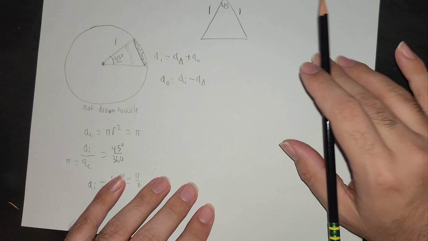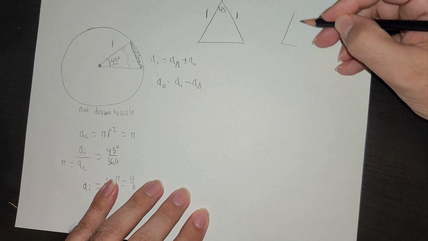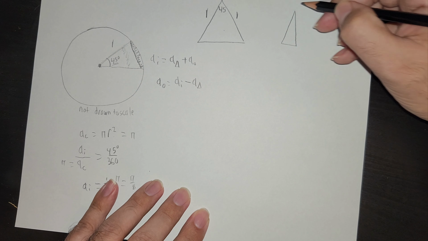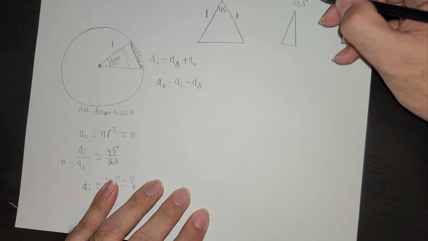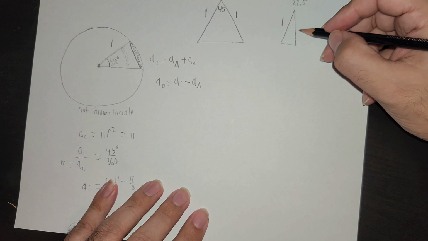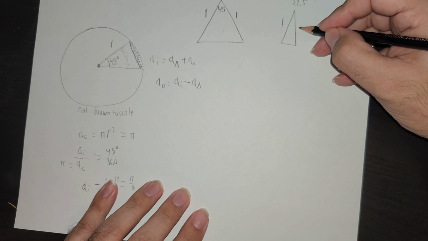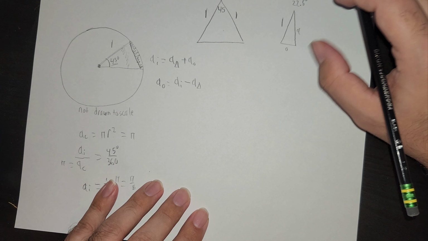And to do that, I'm just going to crack that apart. This angle is 22.5 degrees. Hypotenuse is still 1. We just need to find the opposite and adjacent legs.